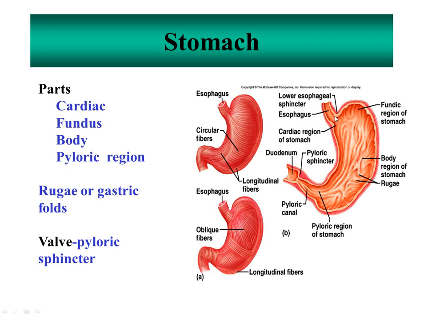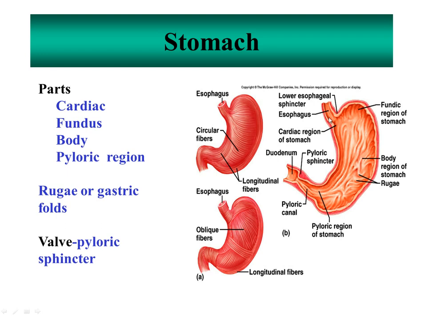A sphincter, by the way, is a round, smooth muscle that opens and closes off the stomach so that you don't have the backwash of the stomach contents into the esophagus.